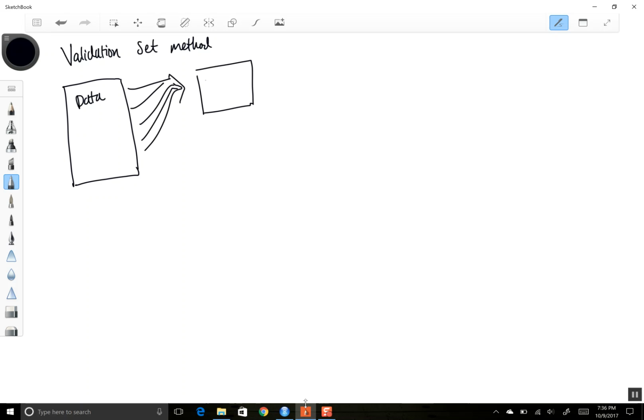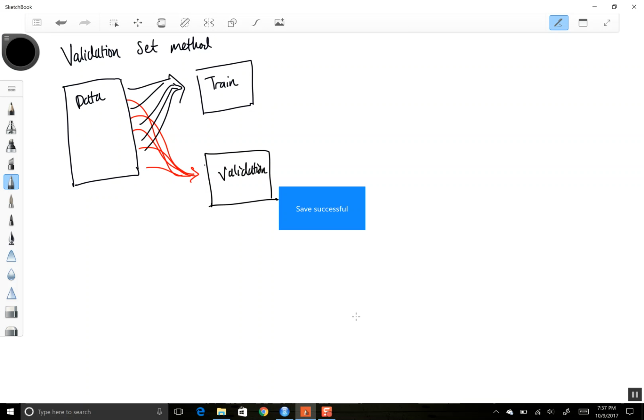You just randomly select rows, and then the other rows get randomly selected and they get thrown into the test set or the validation set. And that's it.